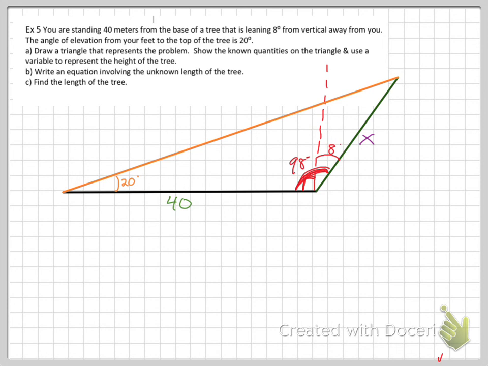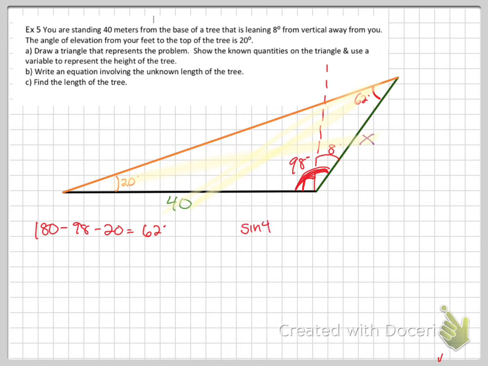Well, if that's 98, can you find the other angle in our triangle? So triangle sum, 180 minus 98 minus 20. That other angle is going to be 62 degrees. Now I have a partnership, 40 and the 62. And then we're trying to find 20 across from the x.